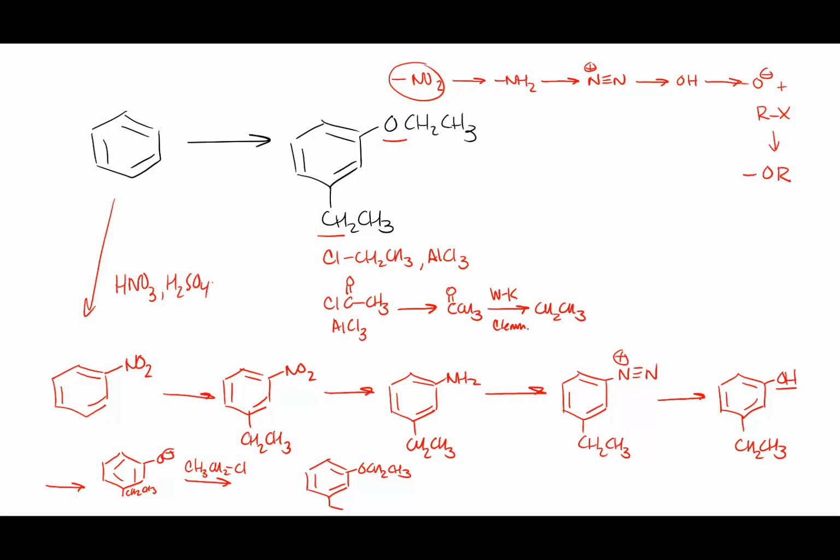So I'm going to take my benzene ring and put my nitro group on. I'm going to add my ethyl group here. Then I'm going to take my nitro group and convert it to my amine. And then convert the amine to the diazonium.